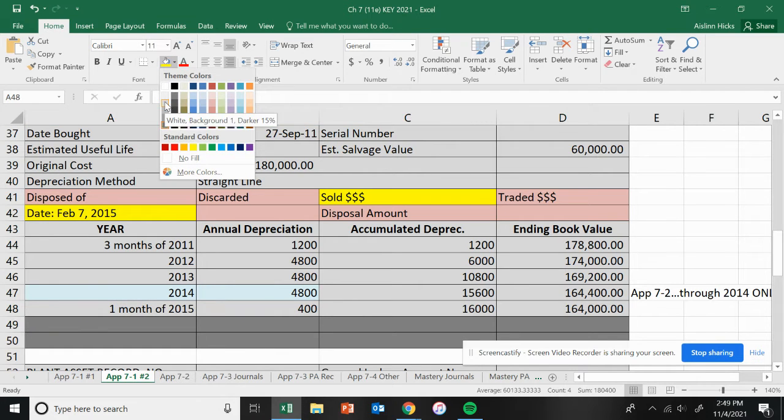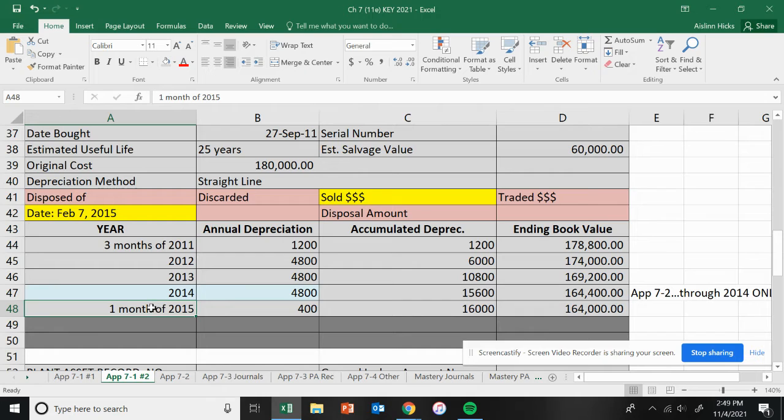You can see I put 1 month of 2015 in, and I took 1/12 of 4,800. I added $400 to the accumulated depreciation, and that bumped my estimated ending book value up to $164,000.